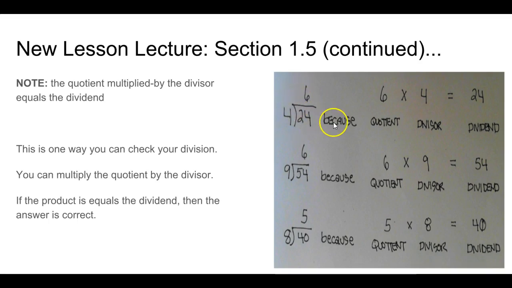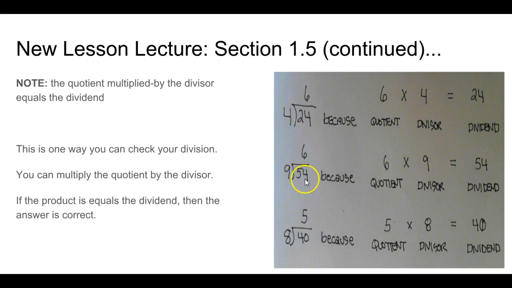And we know that that's true because we can use multiplication to check our division. So here we have the quotient, which is 6, multiplied by 4, which is the divisor, equals 24, which is the dividend. Okay, so 24 divided by 4 equals 6. And we know that that's true because 6 times 4 equals 24.